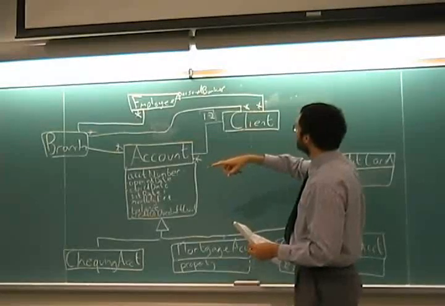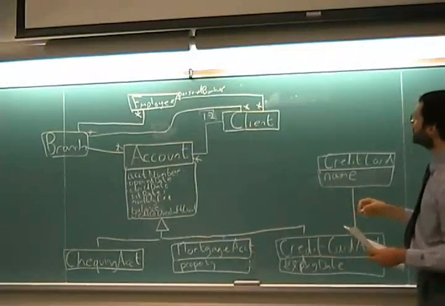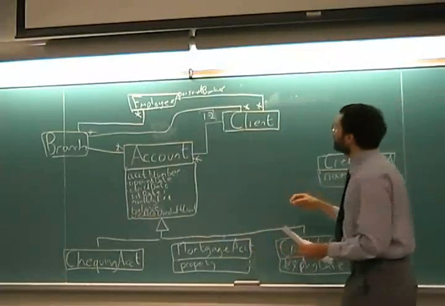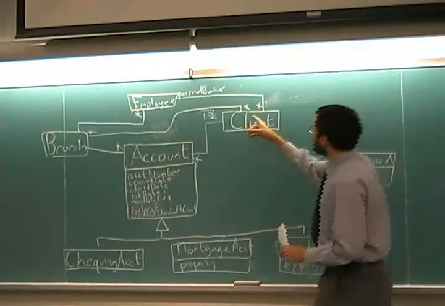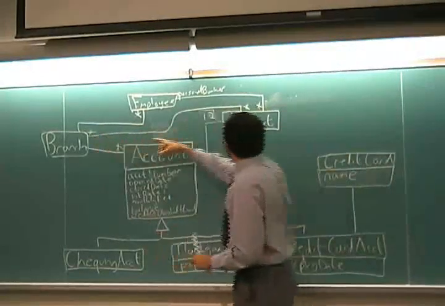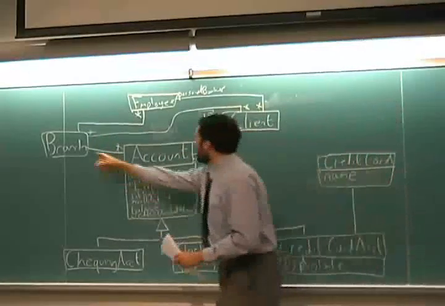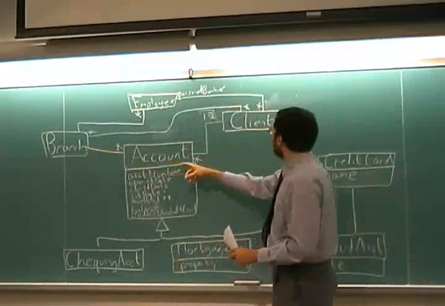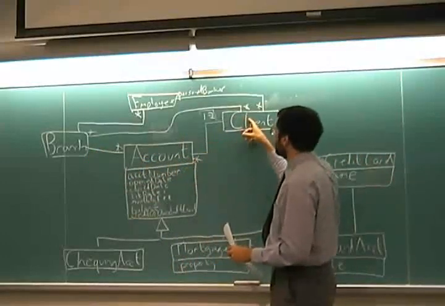What I'm going to suggest, perhaps, is that we don't need this association directly between branch and client. Because in some sense, a branch has accounts, and an account belongs to a client.